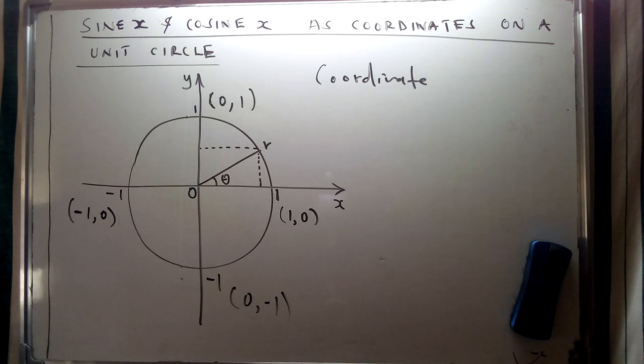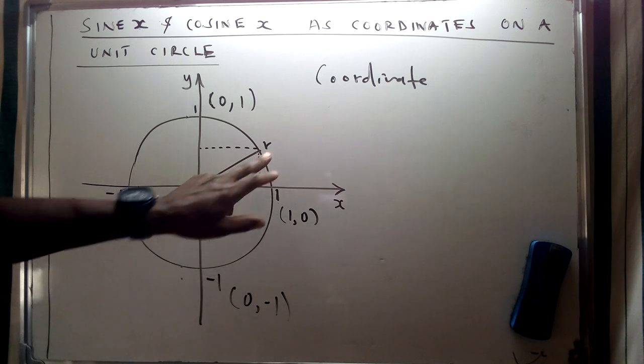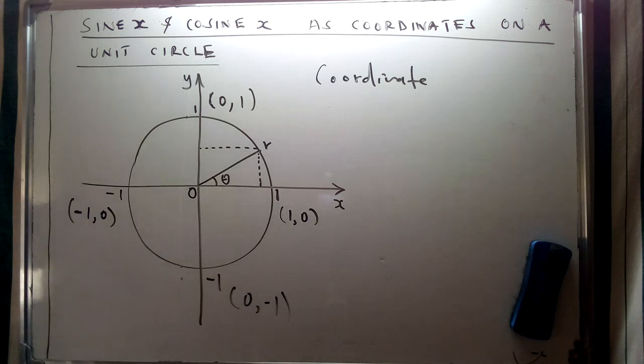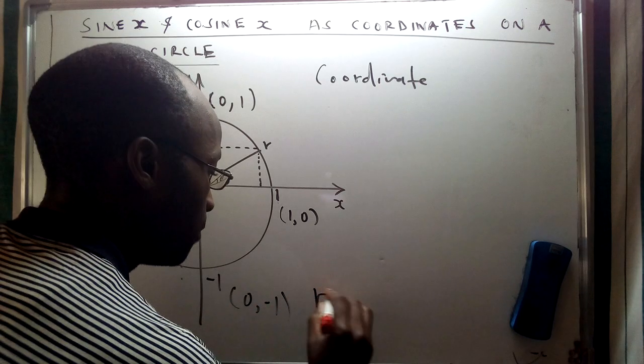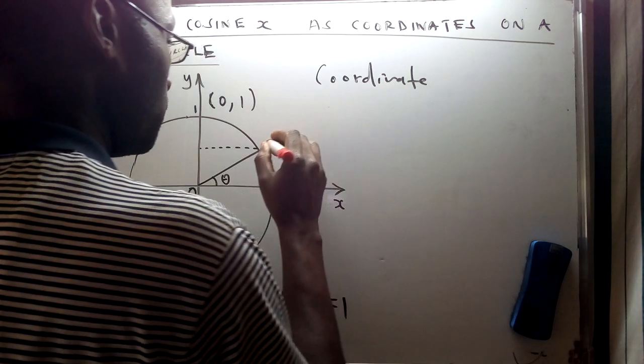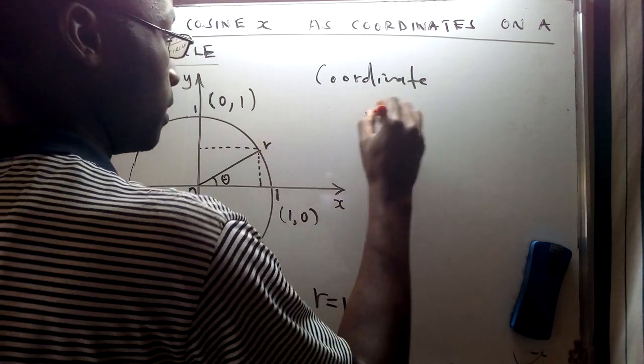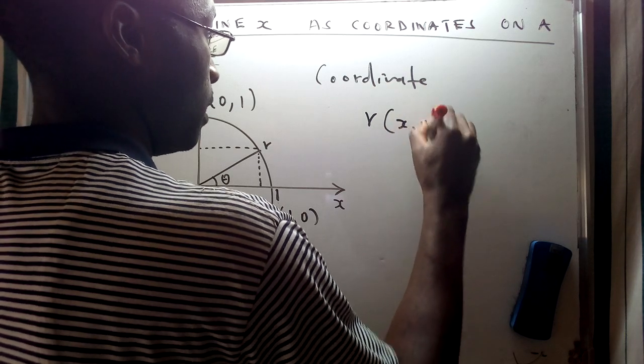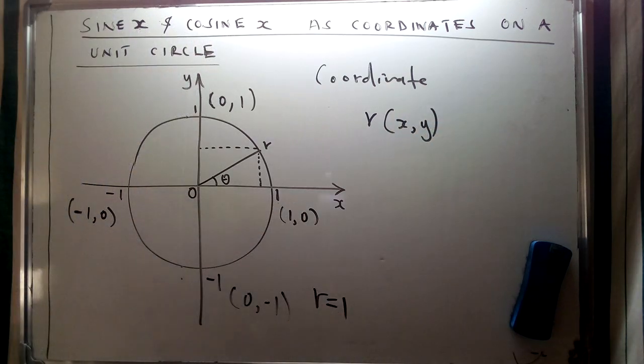So in a unit circle, of a radius that is represented as r, in this case, the stretch for r is going to be equivalent to 1, which basically forms our radius. And we said that we can define the specific coordinates of the endpoint generally as, if I give the coordinates of a point r, then we can give them as x, y.